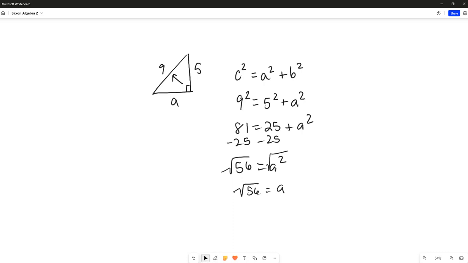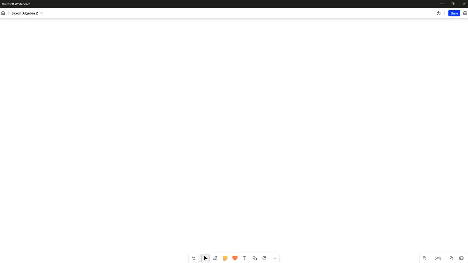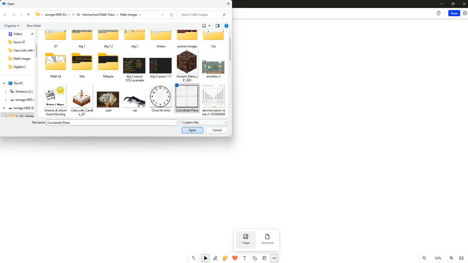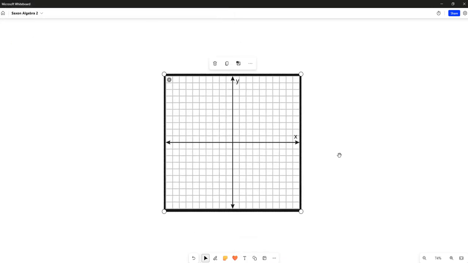Okay. And then for B, we need to graph that on a coordinate plane. Okay, and then we're going to use the coordinate plane to graph these 2 points.